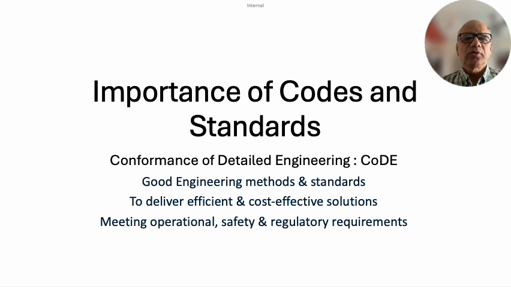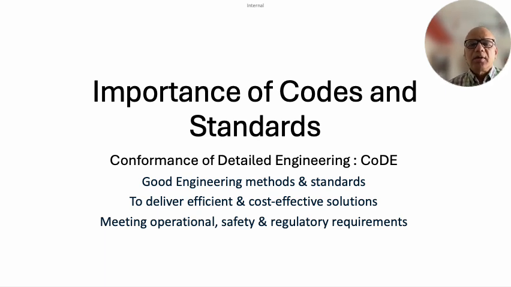In continuation of our slide, just expand what is code. If you really see it, try to explain it related to the fabrication industry, it could be conformance of detailed engineering. When we receive an order, we try to do the detailed engineering.